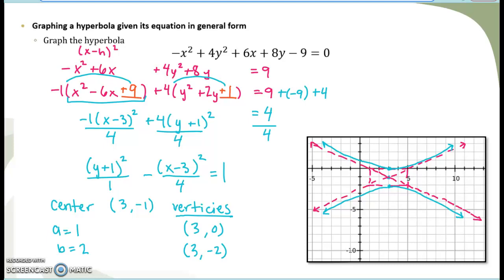The height of my box here is 2 times A. The length of my box here is 2 times B. And then I go ahead and fill in the asymptotes. They follow the corners of that box. And then I have my vertices here and I fill in the curves. So hopefully that helps with graphing hyperbolas given the equation in general form.